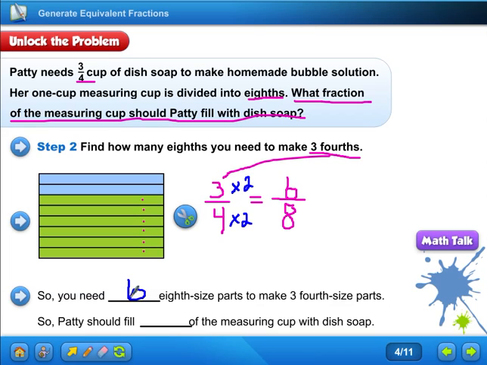So Patty should fill 6/8 of the measuring cup with dish soap. Remember, that is her measuring cup. So she's going to fill it all the way up to right here, which would be 3/4 or 6/8. They're both equivalent fractions.